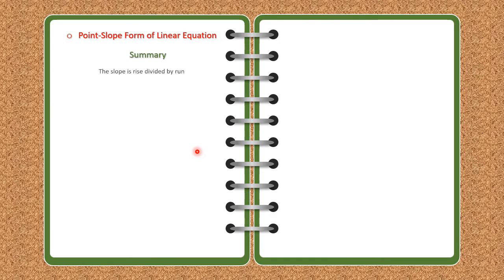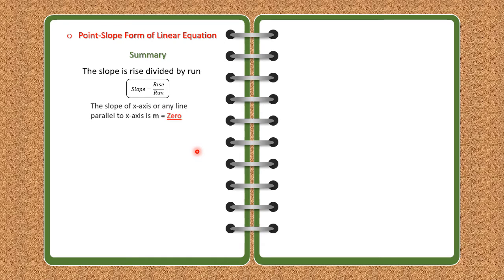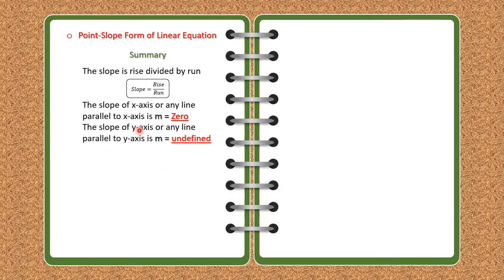Okay, let's summarize what we studied. The slope is rise divided by run. The slope of the x-axis, or any line parallel to the x-axis, is equal to 0. The slope of the y-axis, or any line parallel to the y-axis, is undefined.